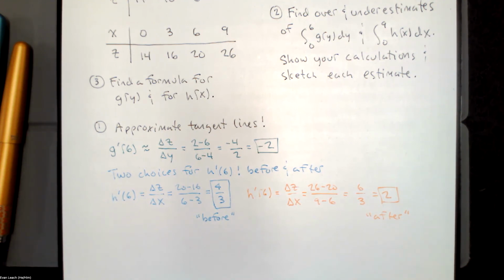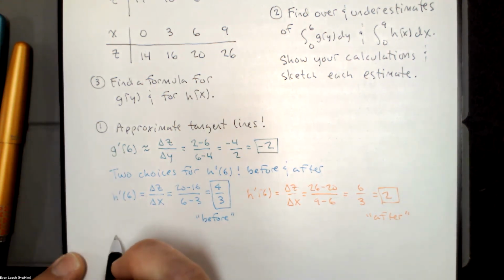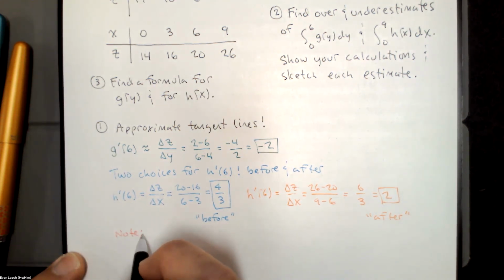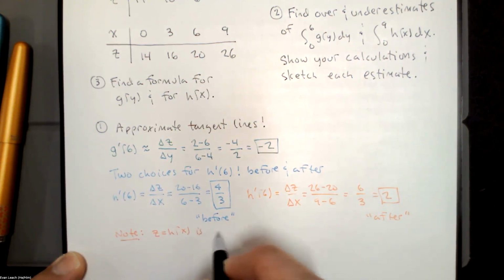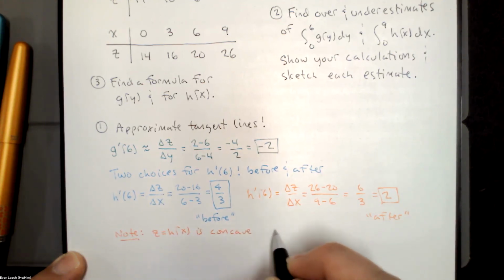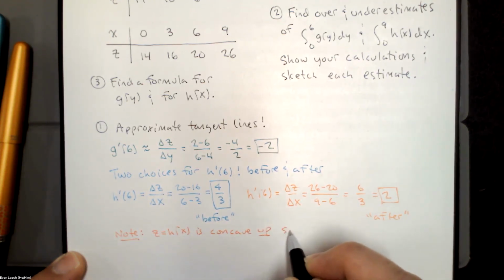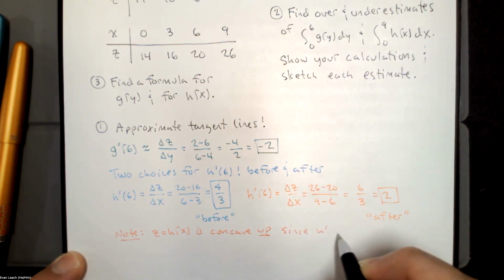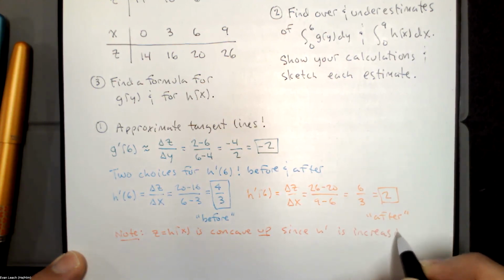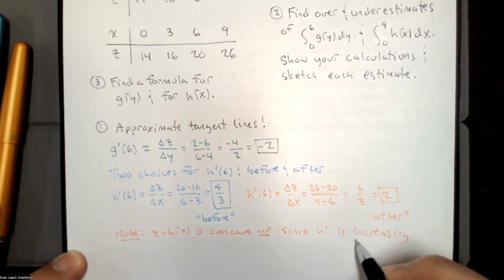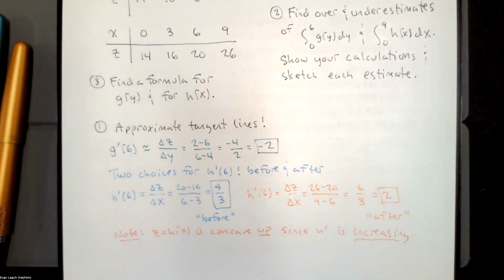So we can note we have pretty strong evidence that h of x is concave up because h prime seems to be increasing.